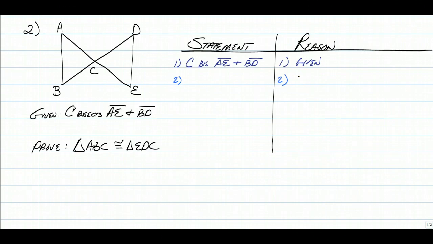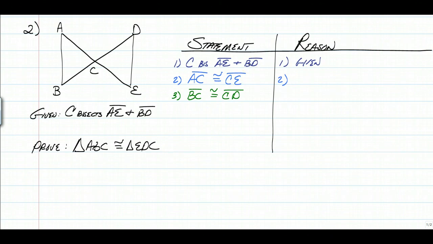So we can see that if AE is bisected, we know that AC is congruent to CE. And we also know that BC is congruent to CD because C also bisects BD.